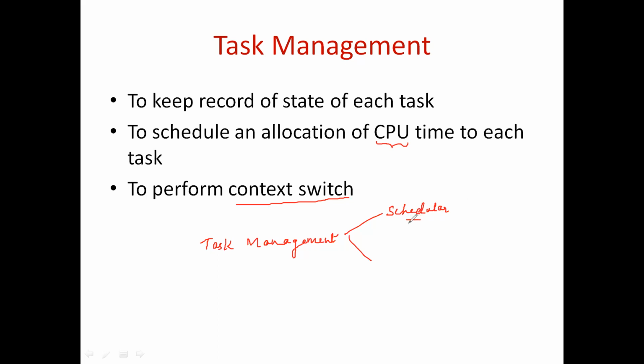That is the function of the scheduler. And you have a dispatcher. The dispatcher performs the context switching. That means it helps in saving the status of each task, and the scheduler will decide which task will be serviced next. So this is the main function of the scheduler and dispatcher.